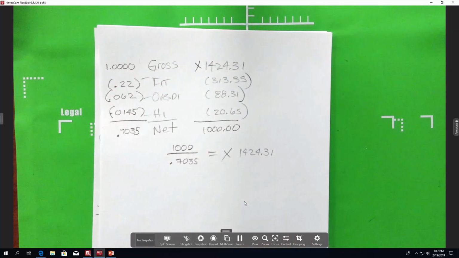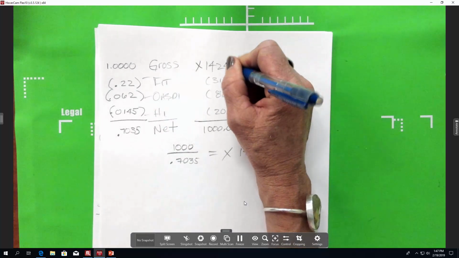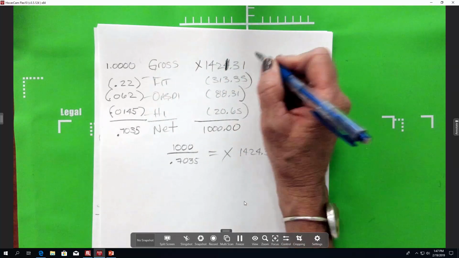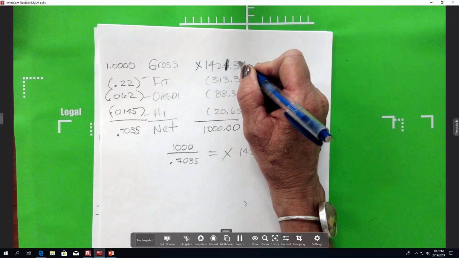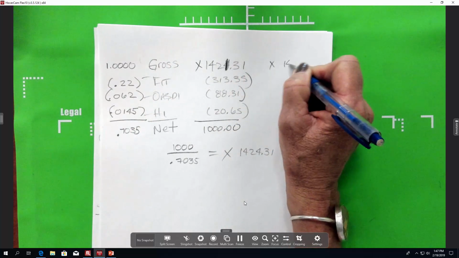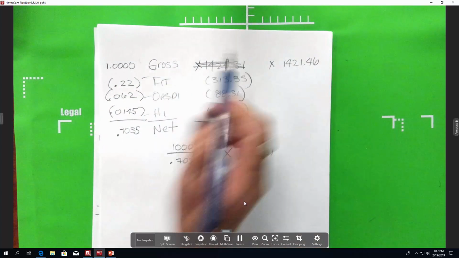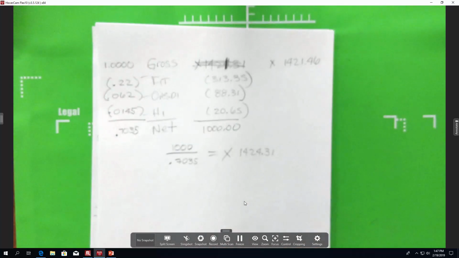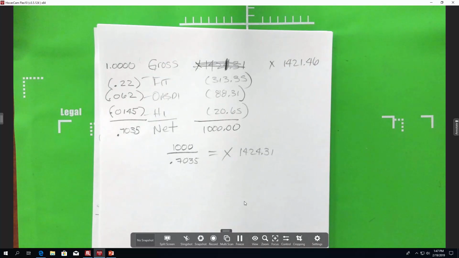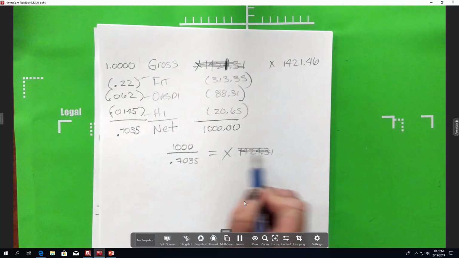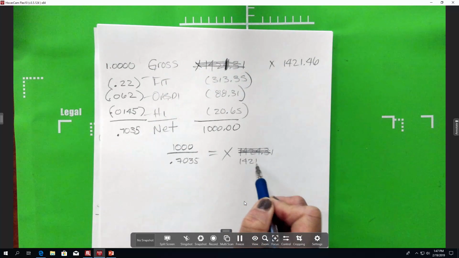So you're saying 1,000 divided by... Oh, so all those numbers are wrong. Oh, gracious. Okay, 1,421.46. Gosh, you guys, somebody should have stopped me.